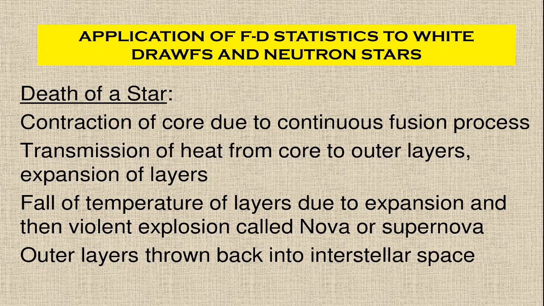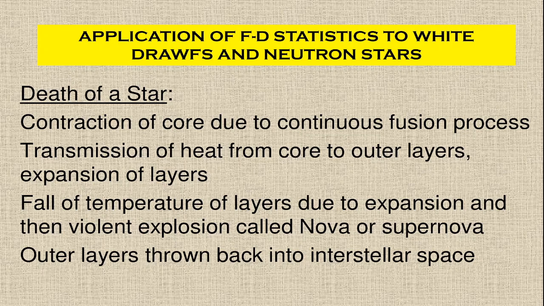As a result, the outer layers will be thrown back into interstellar space, leaving behind only the core of the star. This is known as the death of the star.